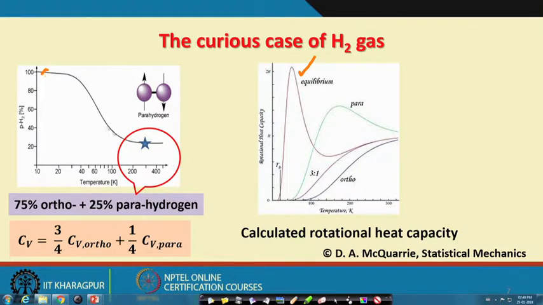But actually what we find is that during the experimental measurement, the experimental data is very nicely reproduced by this 3:1 mixture, which we expected to survive only at very high temperature in equilibrium.